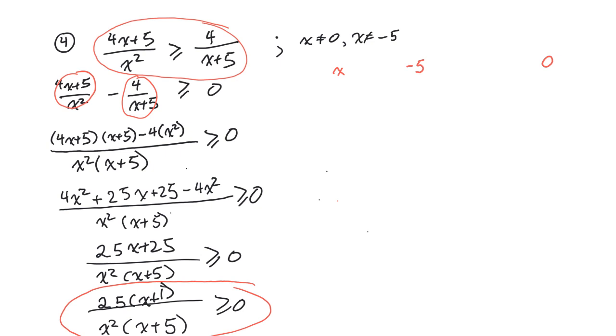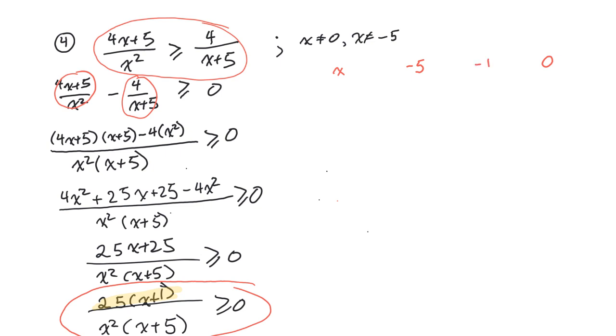But then for the numerator, we have 25 times x plus 1. So I'm just going to focus on the x plus 1. When I punch in x plus 1, that only becomes 0 when x is equal to -1. So that is an important value in our intervals.